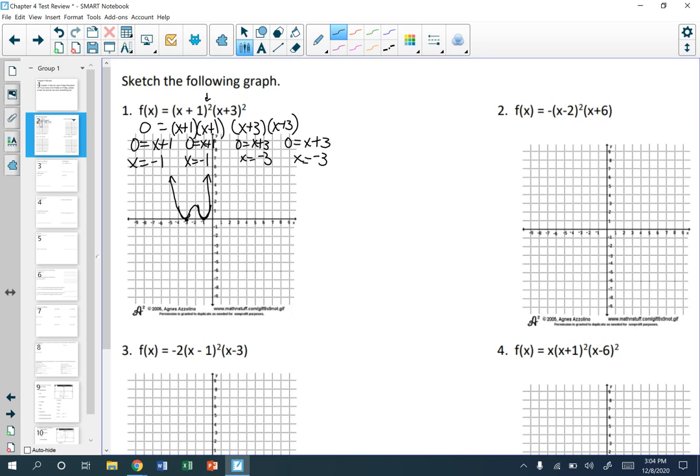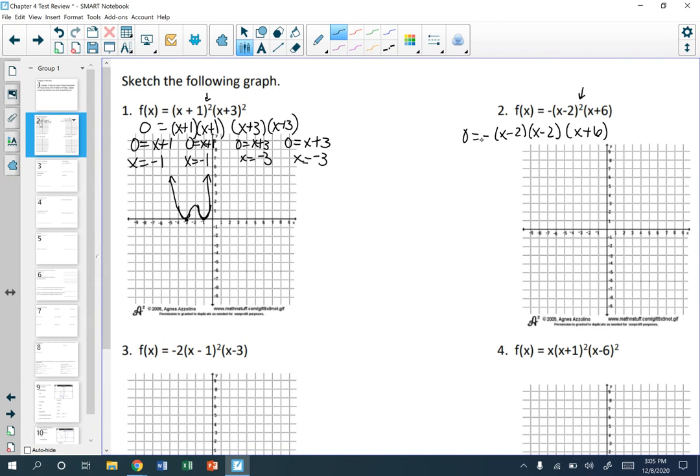Okay. Then number 2, I'm going to do the same exact thing. Set this equal to 0. I'm going to rewrite that squared as (x - 2)(x - 2)(x + 6). Again, this rewriting process may not be necessary for you, so if it's not, skip it. Otherwise, if it is, do it. Whatever works best for you.